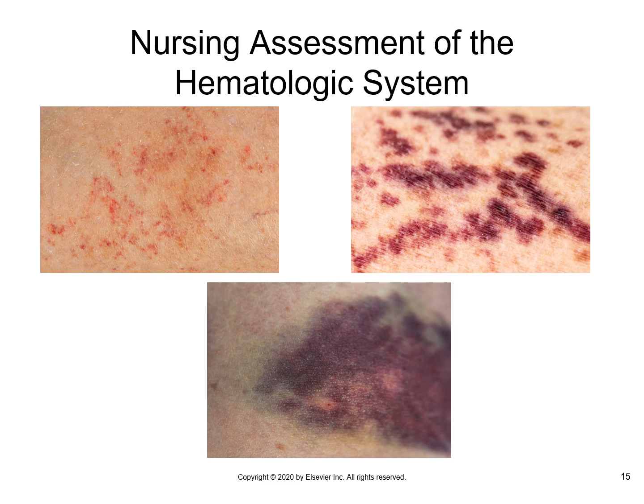Ecchymosis is a bruise. This is a larger purplish area of the skin. This results from a larger amount of blood that is leaking outside of the blood vessels. Very important to remember that ecchymosis or bruising does not necessarily indicate a bleeding disorder, because anybody can have a bruise.